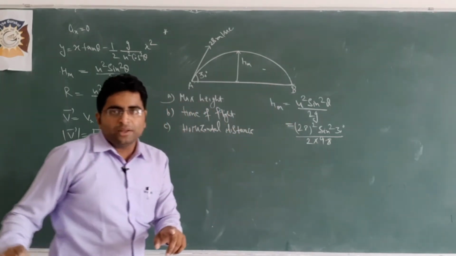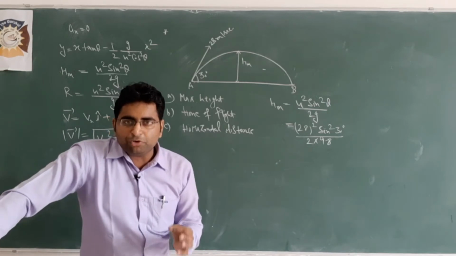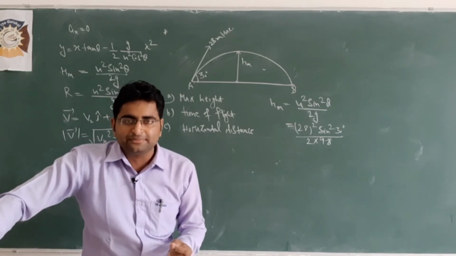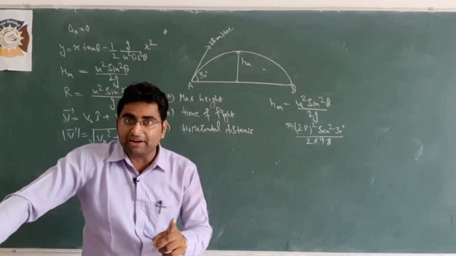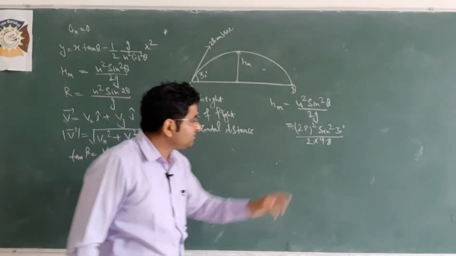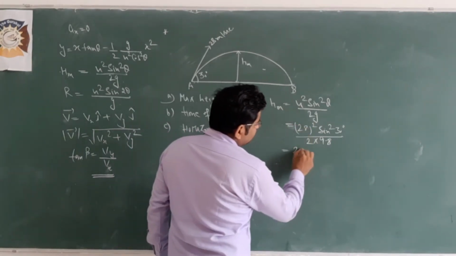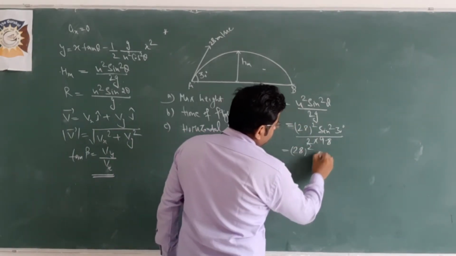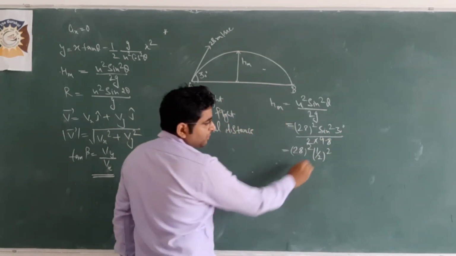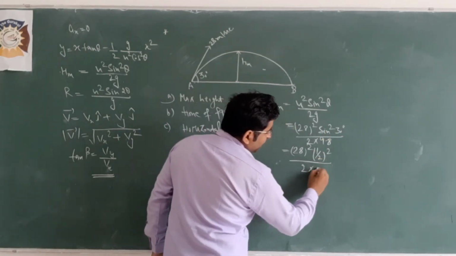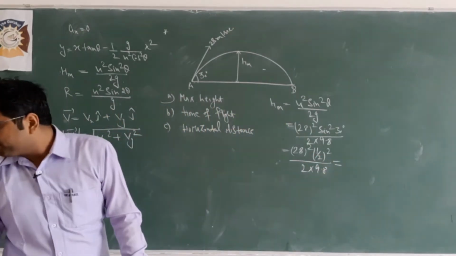Beta, one more thing: if in the numerical it is given that you have to take the value of g as 10 meter per second square, then you have to take 10, otherwise you will take the value of g as 9.8. After calculating this, sin 30 is 1 by 2, so (1 by 2) square, 2 into 9.8. When you solve it, the answer will come 10 meter.